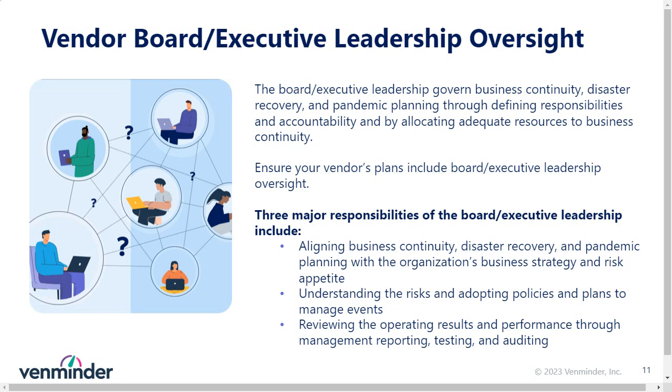The board should be aligning business continuity, disaster recovery, and pandemic planning with the organization's business strategy and risk appetite. The board should fully understand the risk and adopt policies and plans to manage events. And the board should be reviewing operating results and performance.